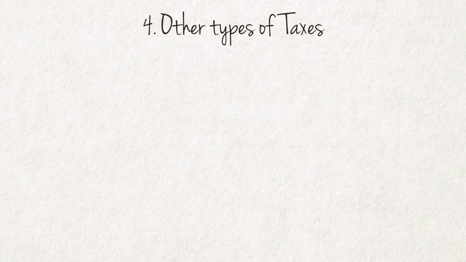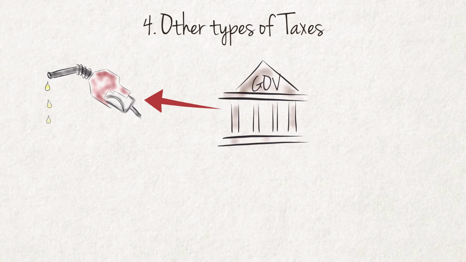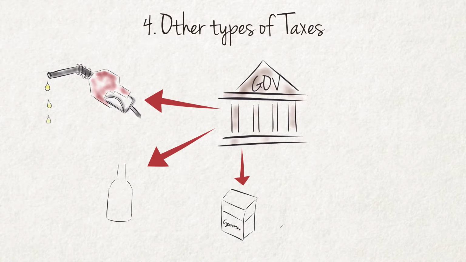Other types of taxes. The government also collects a number of other taxes. Fuel is subject to tax, and this tax is paid by everybody that purchases fuel. Another form of tax is excise duty on tobacco and liquor. These taxes are often referred to as sin taxes. The more important point, however, is that these taxes can be legally avoided.